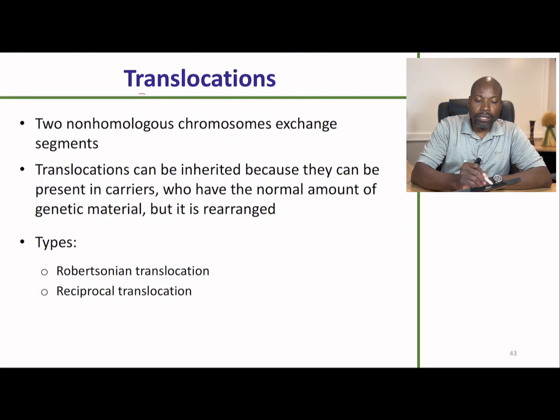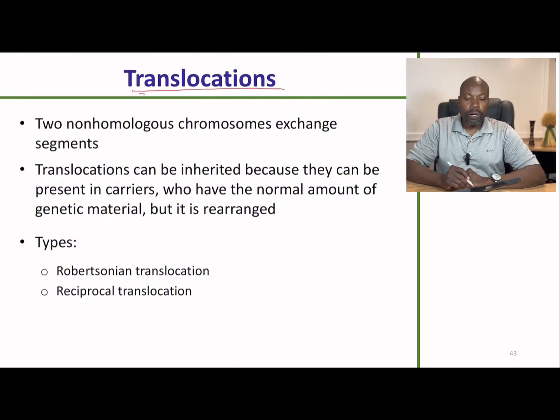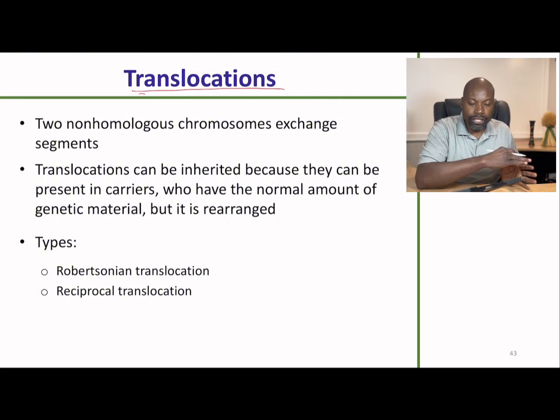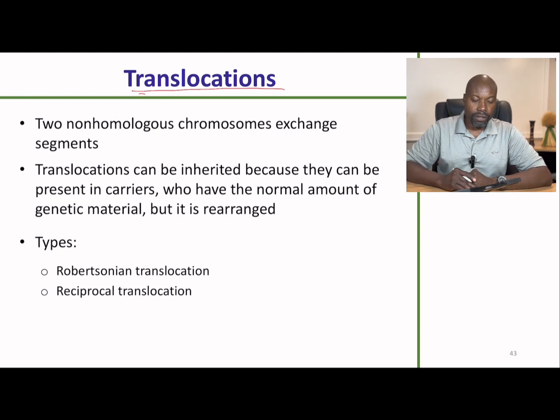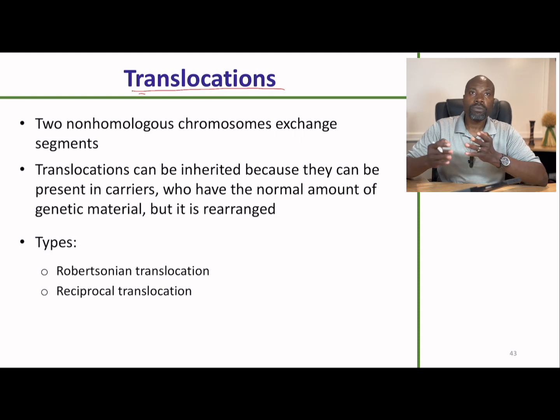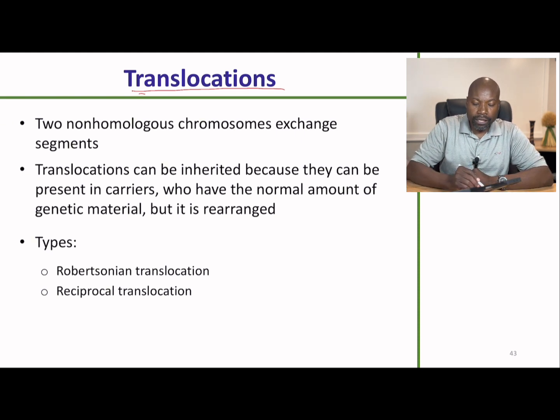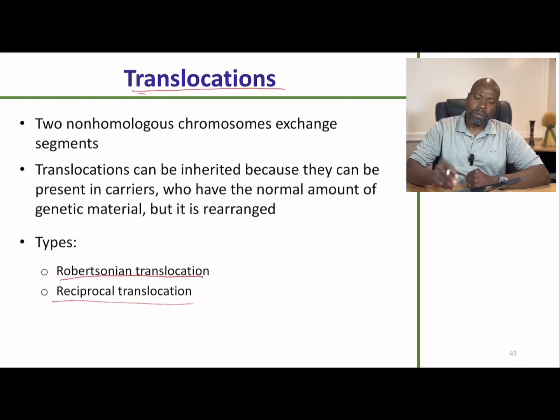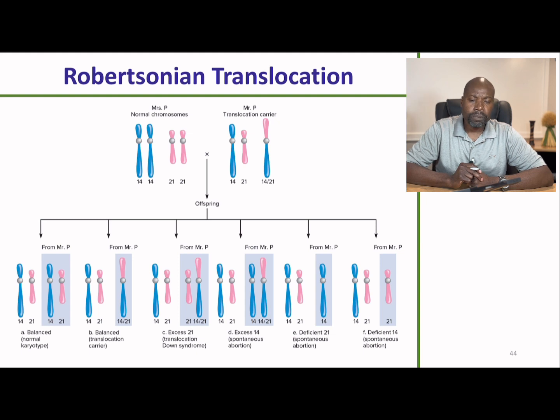Okay, translocation, it's basically when we have a change in the positions, right? And this change in the positions can lead to two major types of translocation that we know of: the Robertsonian translocation and the reciprocal translocation. But what is the difference between these two?